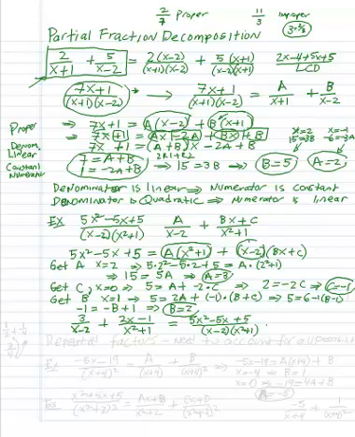So now if we have some repeated factors, if I have a denominator that has a repeated factor, we need to account for all possibilities, all possible combinations.